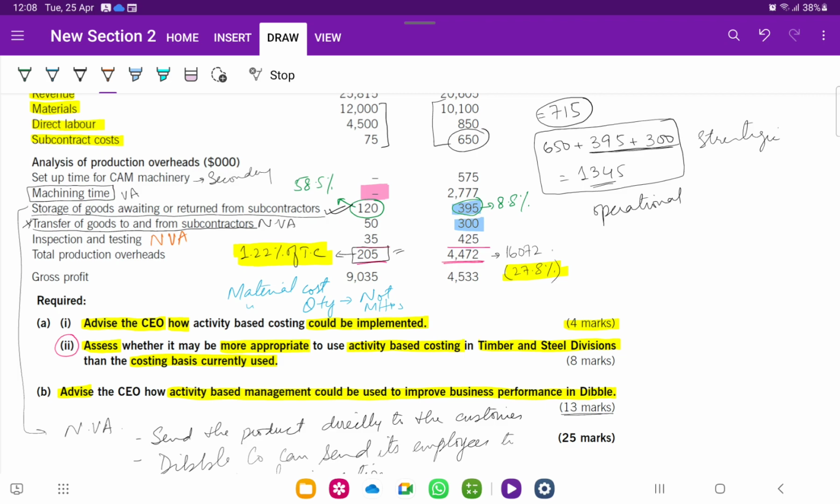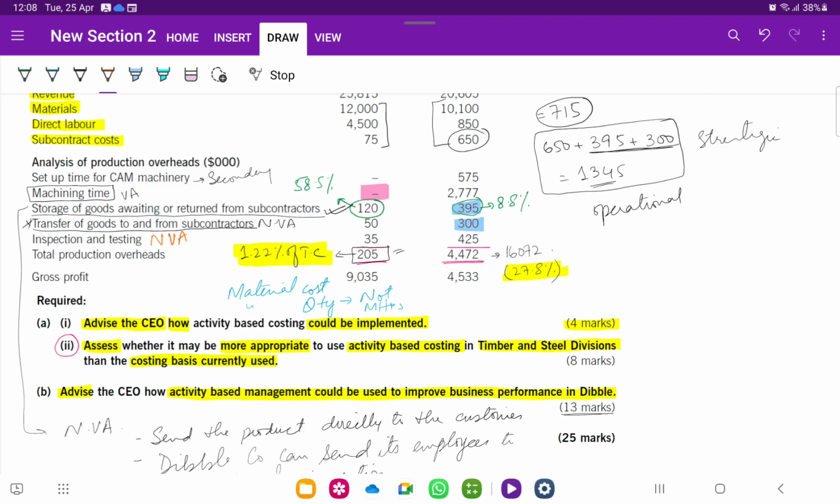But you inspect only if you are expecting something bad may happen, so you start inspecting it. If you have accurate processes, then you can reduce this cost to an acceptably low level, to a reasonably low level.